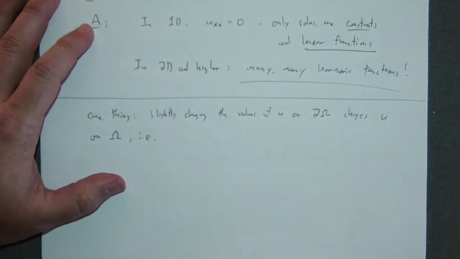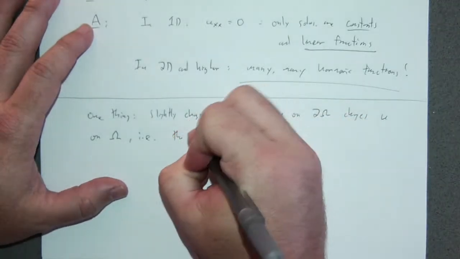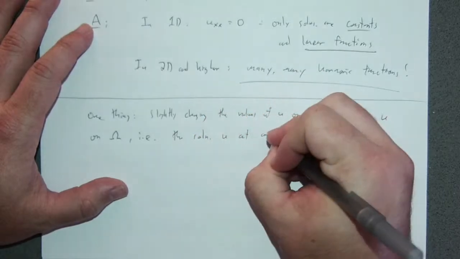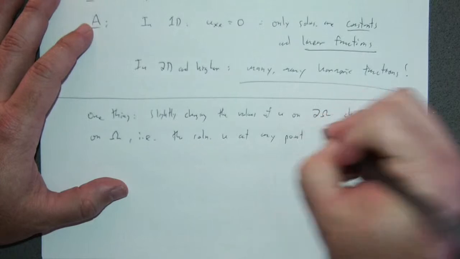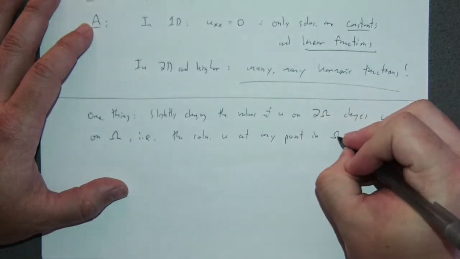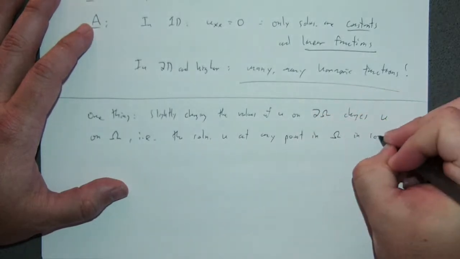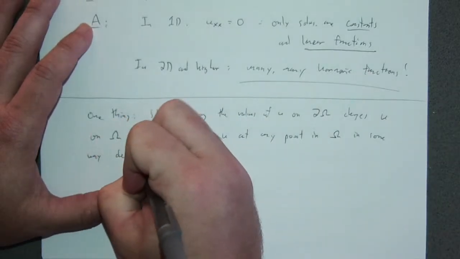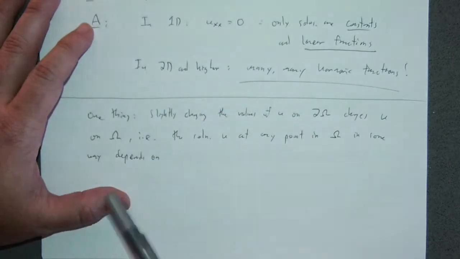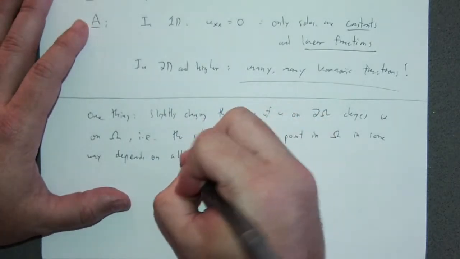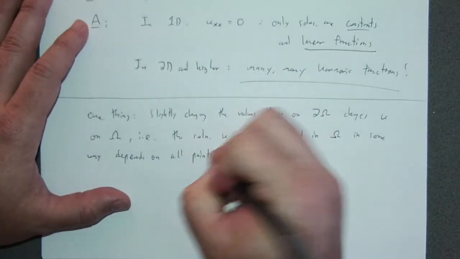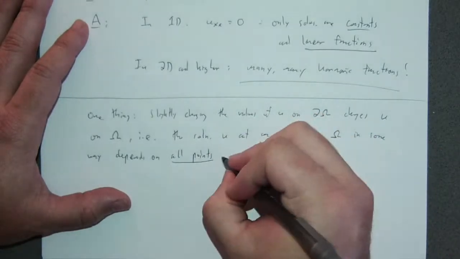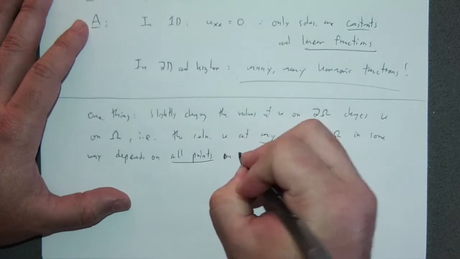And so, i.e., the solution u at any point in omega in some way depends on all points on the boundary. So any point in omega, all points on the boundary.